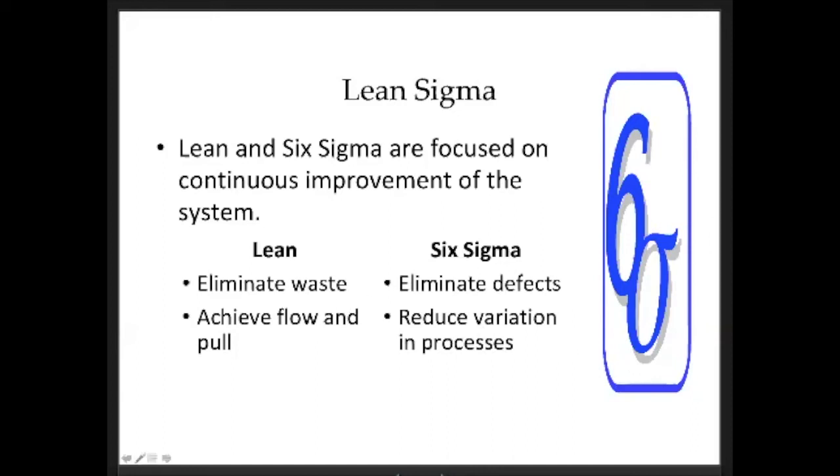And that's something which sometimes get combined, and organizations use both of them, which then help them achieve, using the advantages of both, both the elimination of waste and elimination of defects in the kinds of activities that they're doing. So you'll see Lean Six Sigma many times being implemented in organizations as a combined activity.